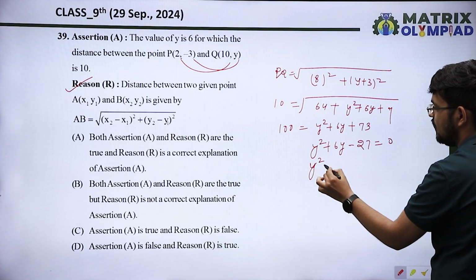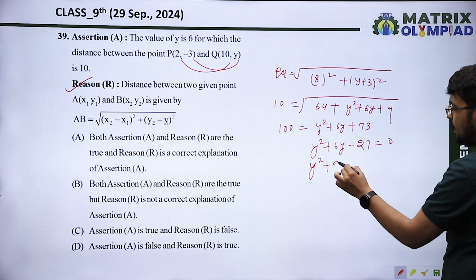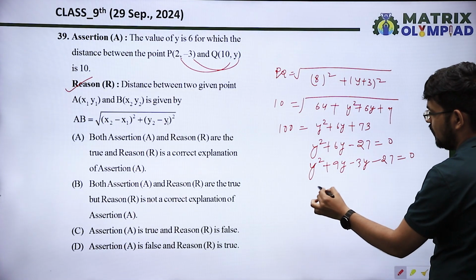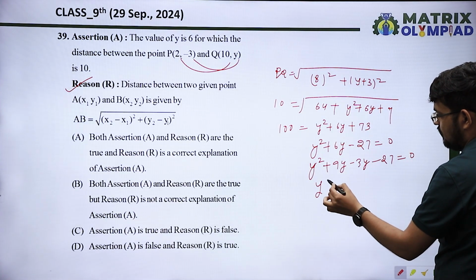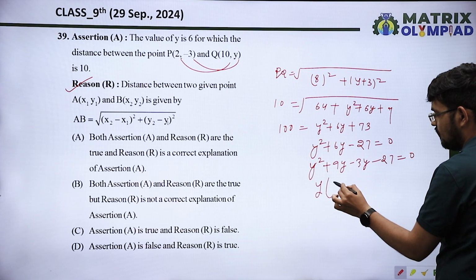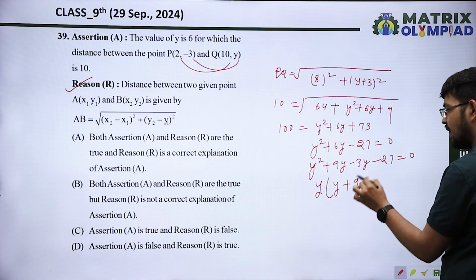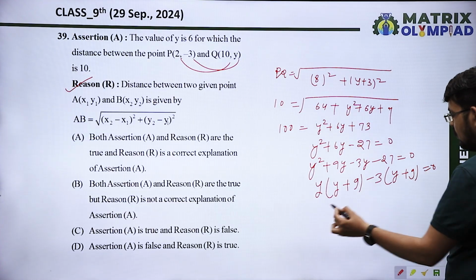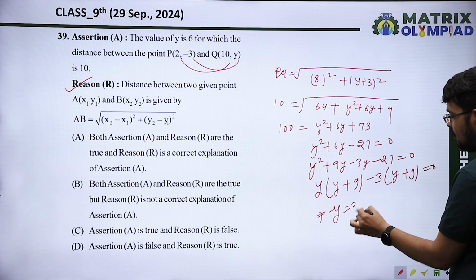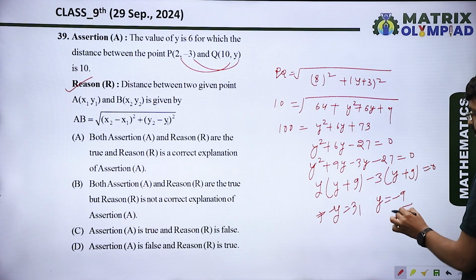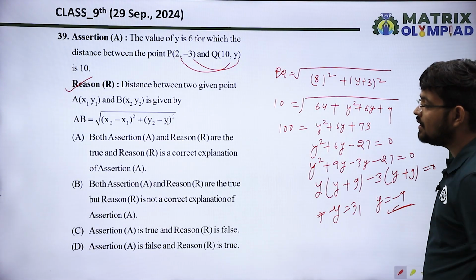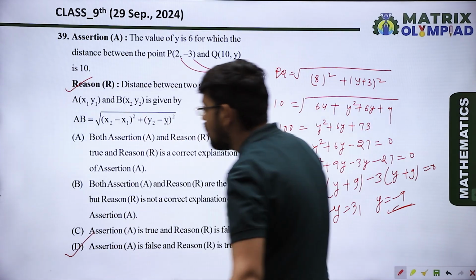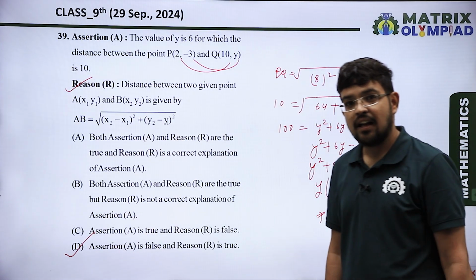So that is y square plus 9y minus 3y minus 27 equal to 0. Take common y, (y plus 9), take common minus 3, (y plus 9) equal to 0. So after simplification you will get y equal to 3 and y equal to minus 9. So it means the assertion is wrong but the reason is correct. Assertion is false but reason is true. Option D is the correct answer.